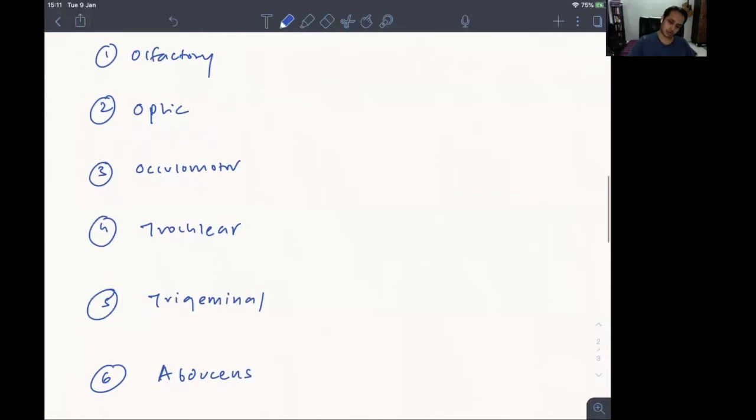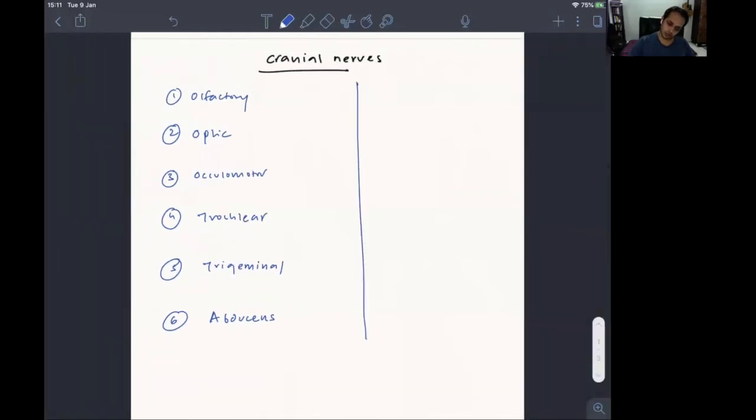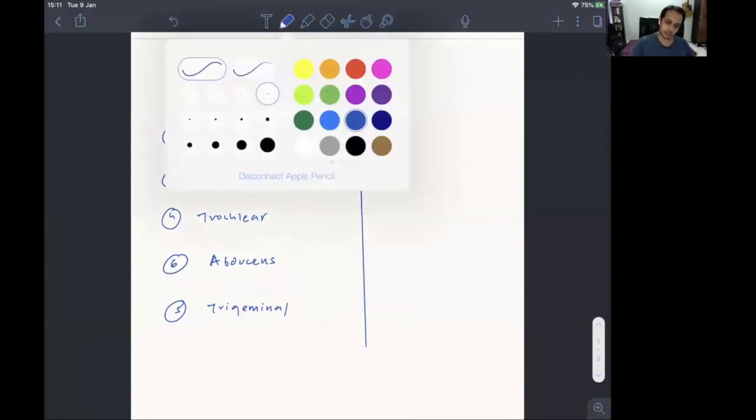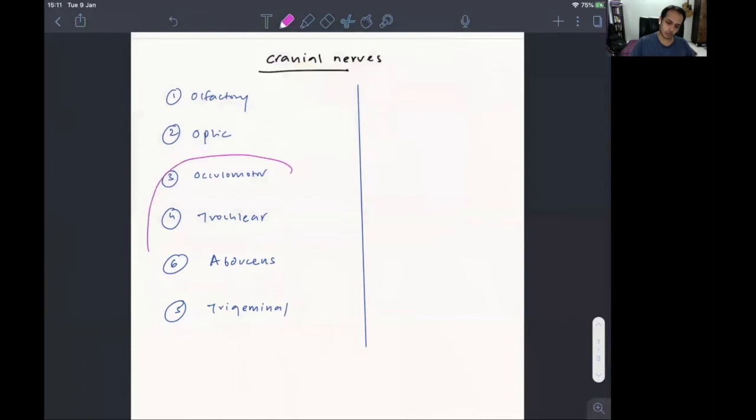Now, in this, we usually take abducens along with your oculomotor and trochlear. So usually we try to remember these three, oculomotor, trochlear, and abducens, as one group, and trigeminal after that.